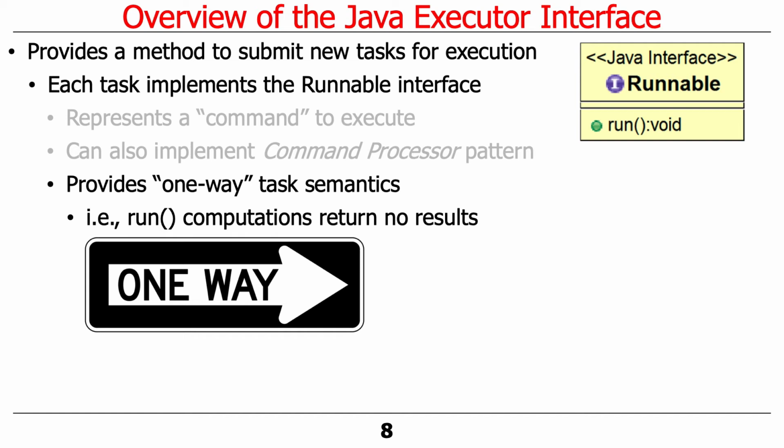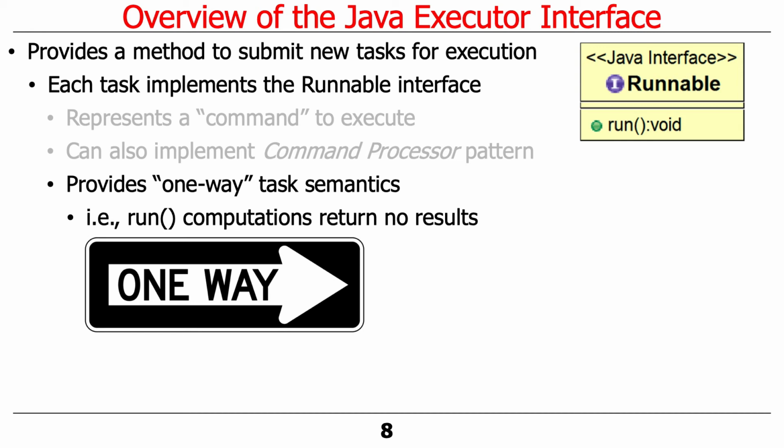What does that mean? Well, it's actually quite simple to ferret out if you just look at the Runnable interface. As you can see, Runnable returns no result, so it only does one-way computations. You say, hey, Executor, run this or execute this Runnable.